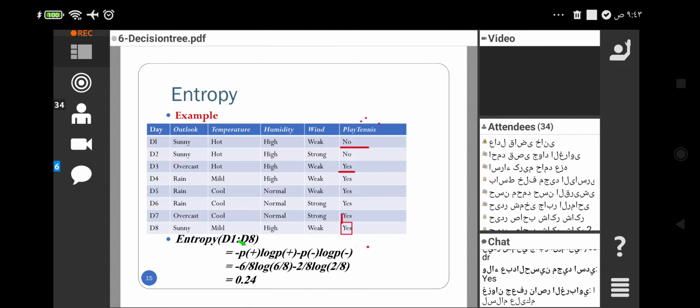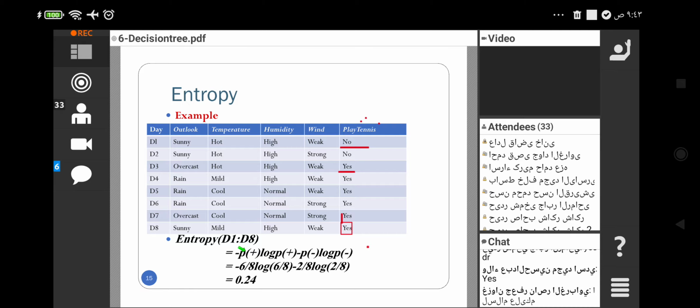So in this formula we have calculated the probability of positive data, which is 6 divided by 8, because we have 8 data, and from these 8 data 6 of them are positive or yes, and the probability of negative is 2 divided by 8. So the entropy would be 0.2.